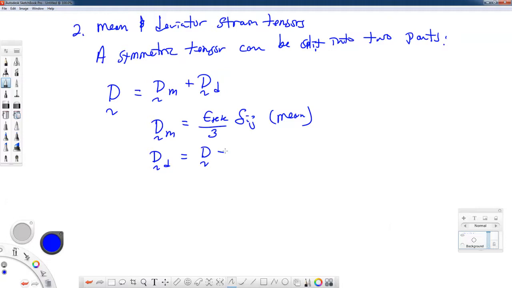It's that tensor minus the mean tensor. This is also used a lot in metal plasticity.